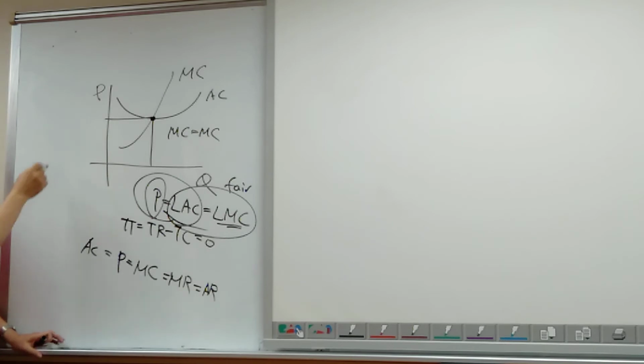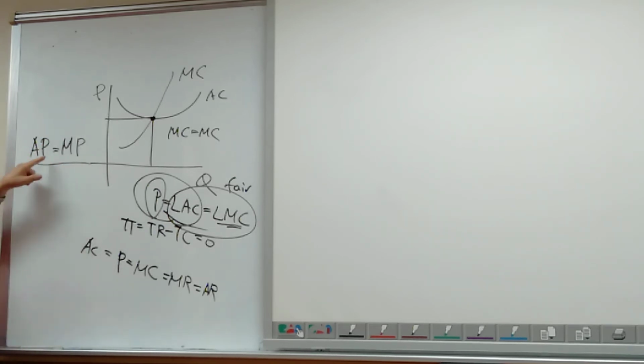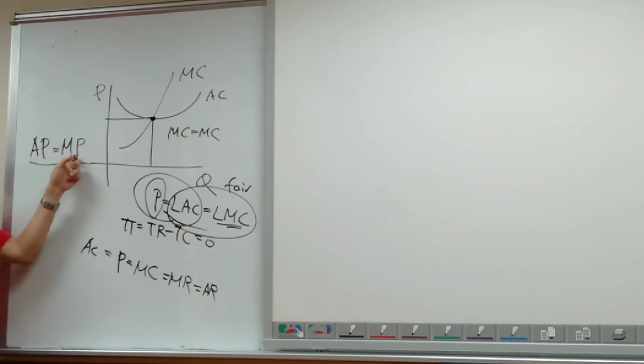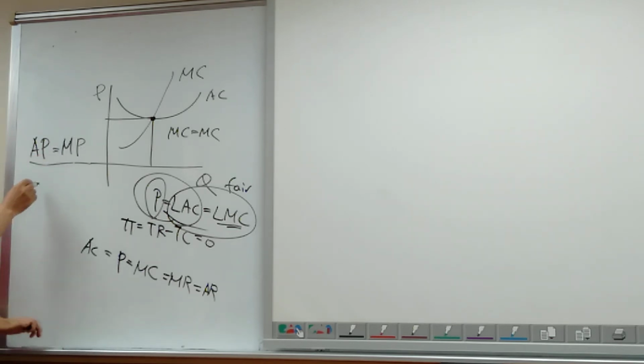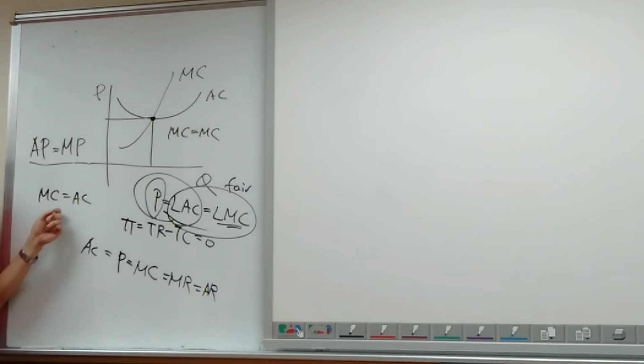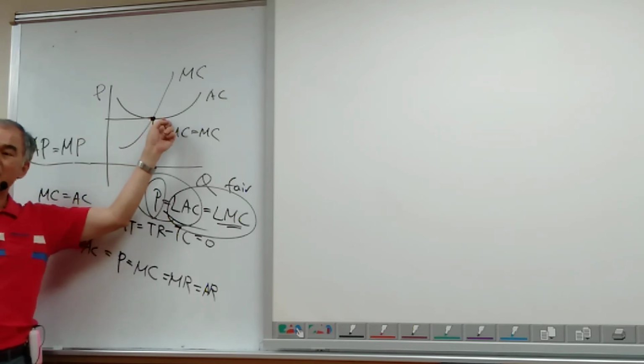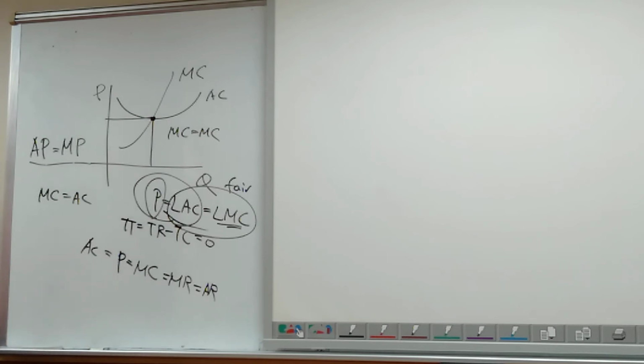Remember, as I have told you, when AP and MP intersect, they intersect at the maximum of AP. And when MC is equal to AC, they intersect at the minimum of AC. So the minimum of AC is the most efficient point, because the average cost is the lowest. Okay, so then let's get to the question.